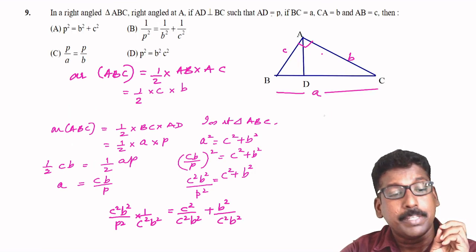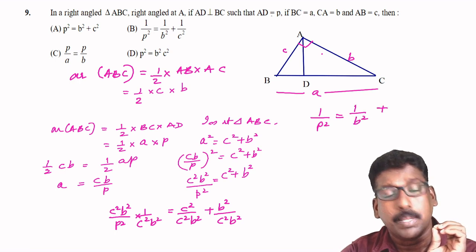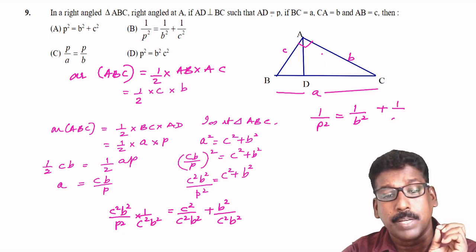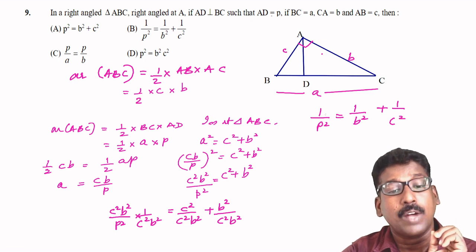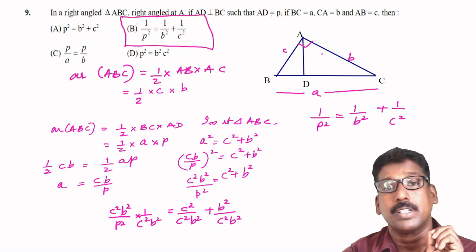Here C square B square cancelled, so you will get 1 by P square is equal to C square cancelled, it is 1 by B square plus B square cancelled, so it is 1 by C square. So 1 by P square is equal to 1 by B square plus 1 by C square. Here option B is the correct option.